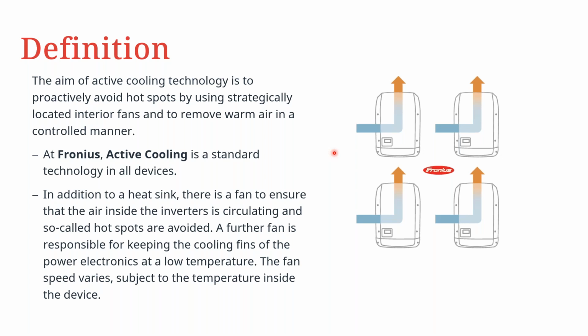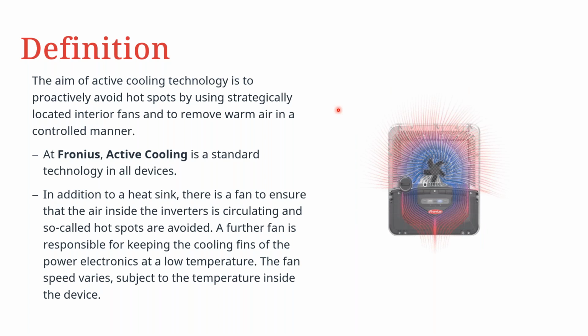And for all Fronius inverters, active cooling is a standard feature. In addition to a heatsink, there is a fan to ensure that the air inside the inverter is circulated and therefore avoids the creation of hotspots. And then an external fan ensures that the heatsink stays at as low a temperature as possible.